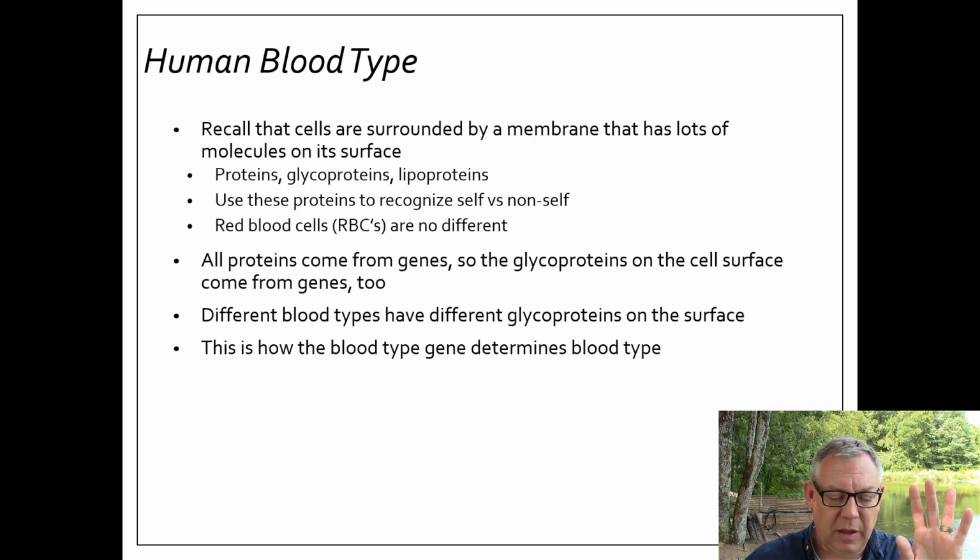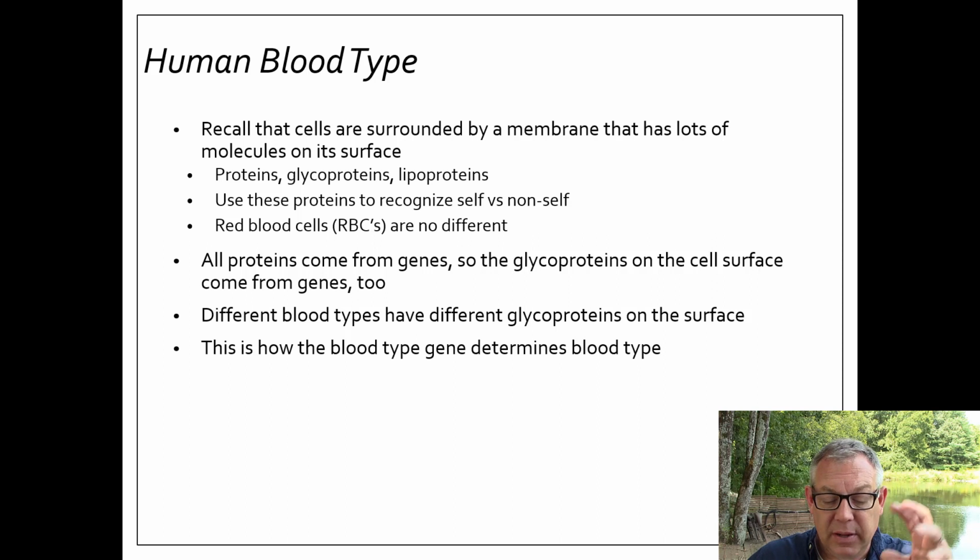Red blood cells, and from here on out, whenever you see RBC, that's red blood cells, are no different. They've got that phospholipid bilayer with proteins and other molecules on the surface. And again, all proteins come from genes on a chromosome. So those glycoproteins that are on the cell surface come from genes too.